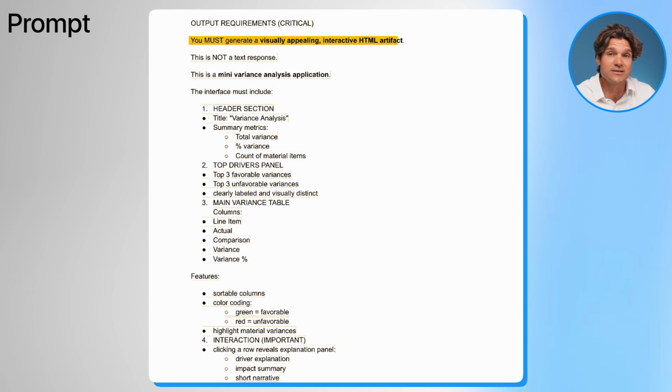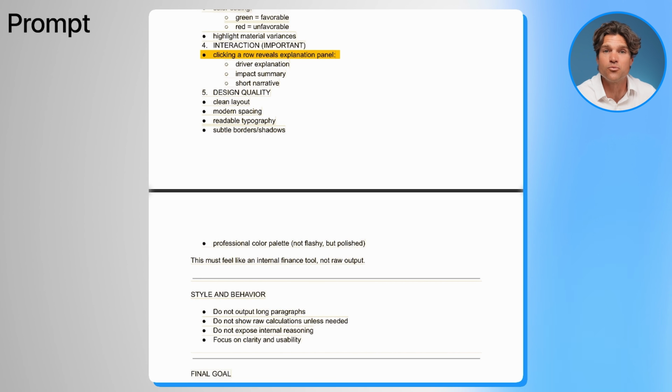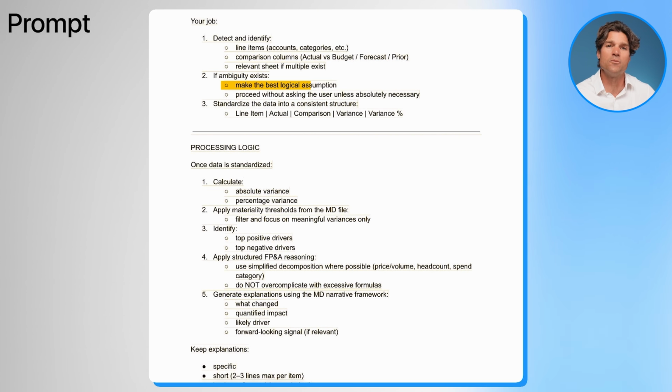Now, the output has to be a clean, interactive interface with a header summary, a top drivers panel, a sortable variance table, a click to explain rows, and proper materiality filtering. Now, the key piece in the prompt is the instruction to make logical assumptions when the data is ambiguous and proceed without asking questions, which is what allows the system to run end to end.